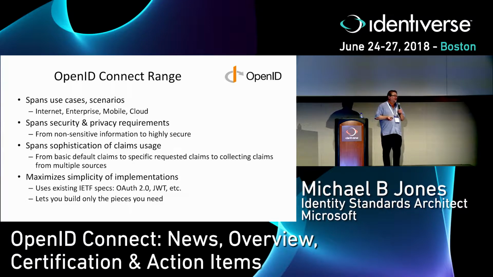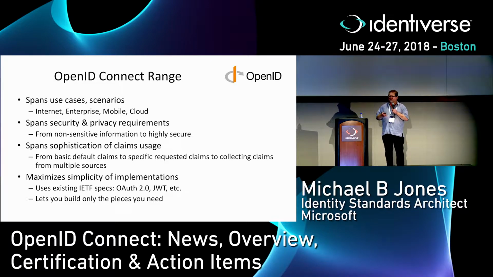We also had the advantage when we built OpenID Connect of learning from a number of things that came before. Many of the people were very involved in SAML 2. Some people were very involved in OpenID 2.0. And so we were able to think about what are the use cases we want this to meet. And we wanted consumer, enterprise, mobile, cloud. We wanted good privacy characteristics.